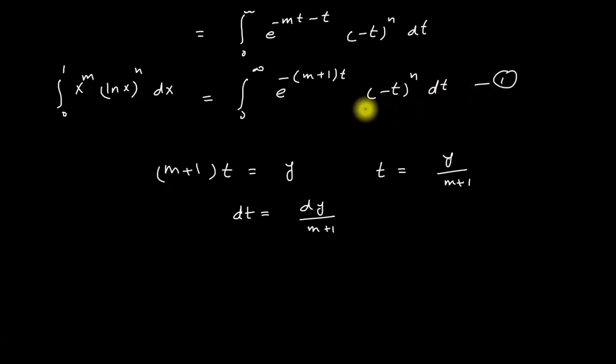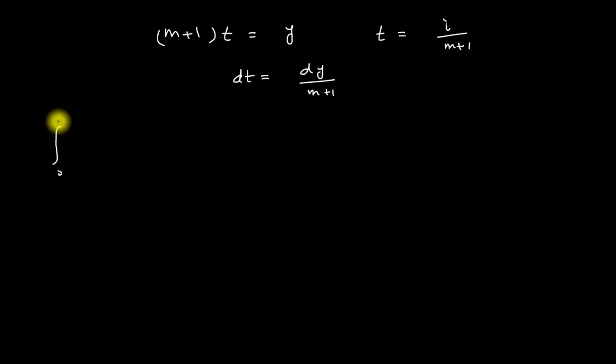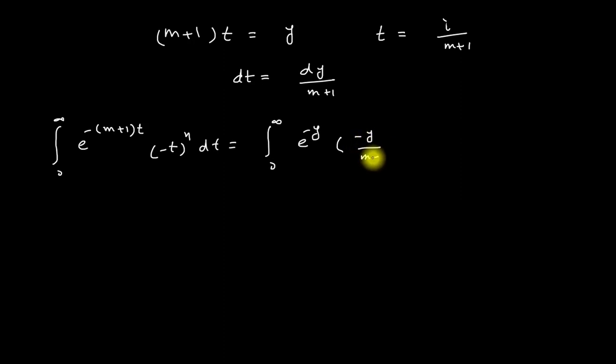So the right hand side of equation number 1 will become the integral from 0 to infinity of e to the power minus (m+1)t (minus t) to the power n dt, which is equal to the integral from 0 to infinity of e to the power minus y into (minus y divided by (m+1)) to the power n into dy divided by (m+1). We will get this one.